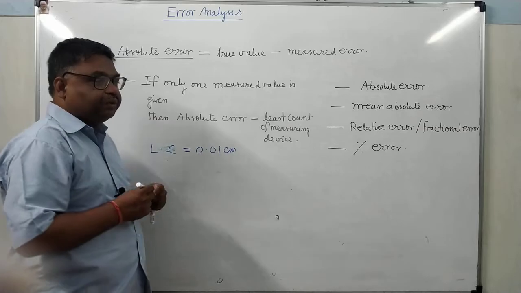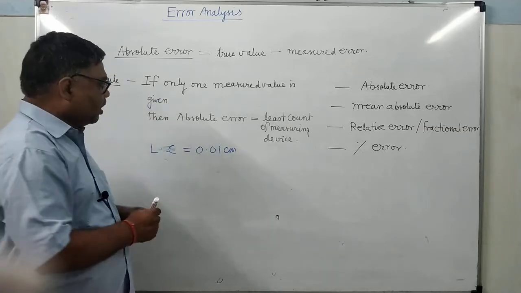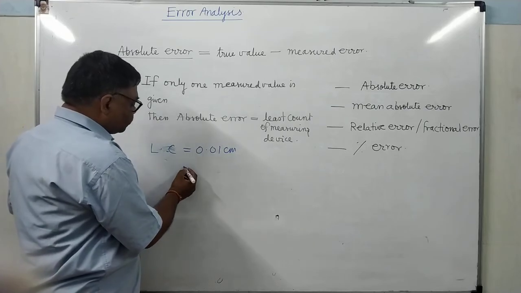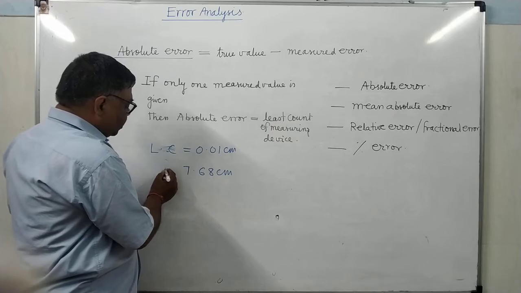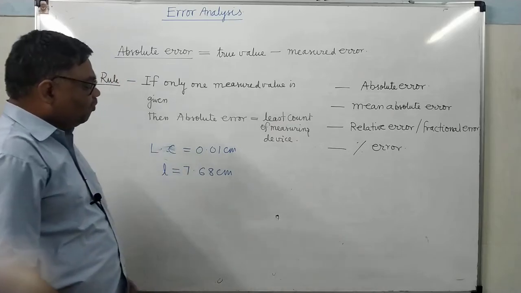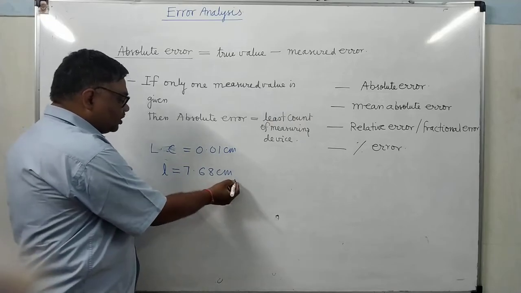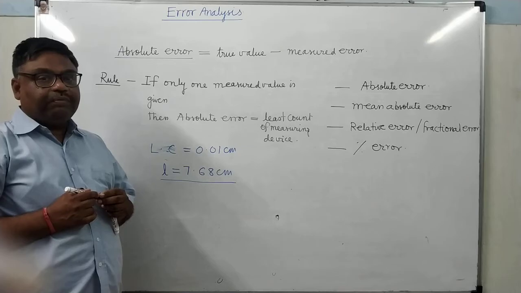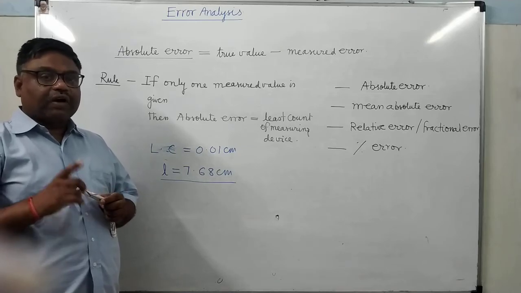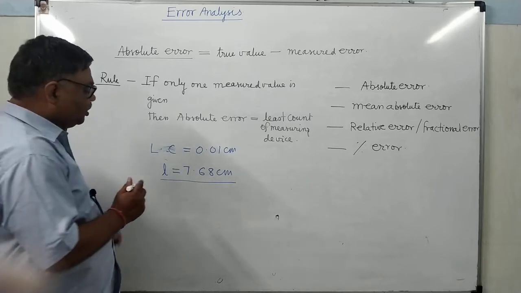And the length of this pen is found to be 7.68 centimeter. So what will be the absolute error in its measurement? Because only one single measured value is given, the absolute error will be equal to the least count of that measuring device.